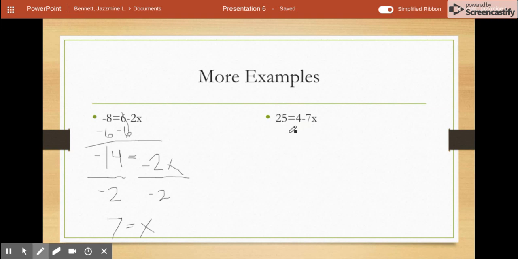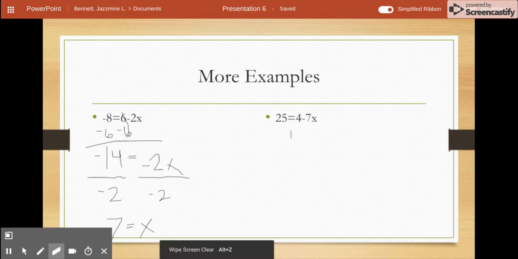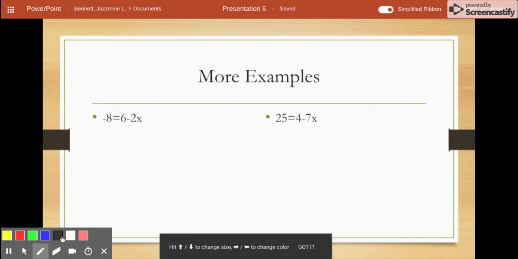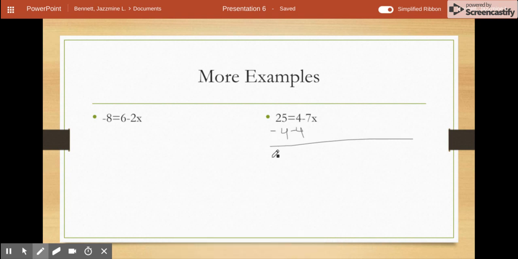Next, we have 25 equals 4 minus 7x. We're going to subtract that 4 from both sides, which is going to leave us with 21 equals negative 7x.